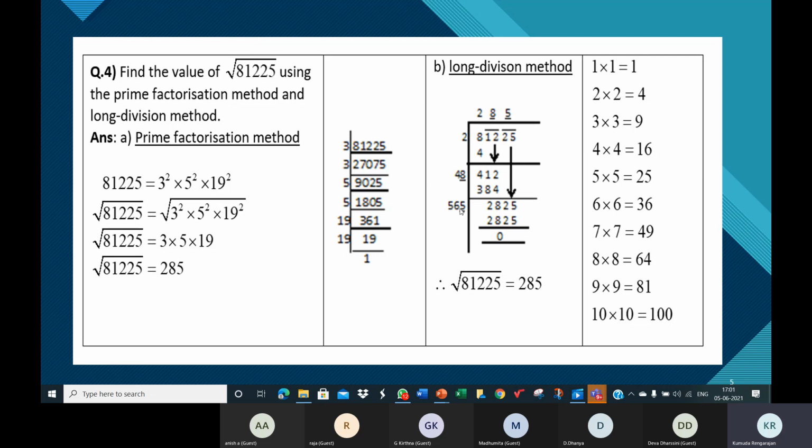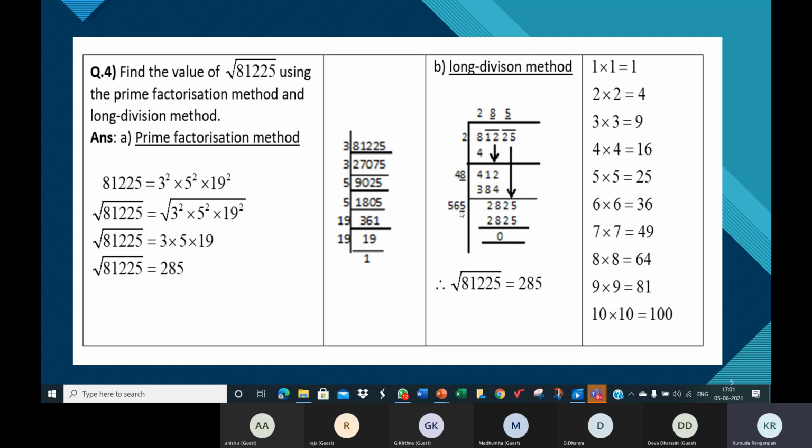See, you can ask yourself, if you write 2 here, you should write 2 here. Then 2 2s are 4, but you have 5 here. If you write 3 here and 3 here, 3 3s are 9. But you need to get 5. So place 5.